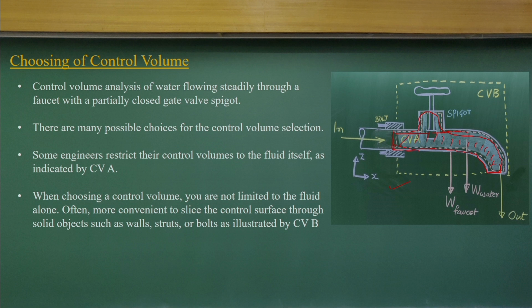Instead, if I take a control volume like this, control volume B, very clearly I know the inflow, I know the weight components, one is the water weight and the other is the weight of the tap or spigot part.